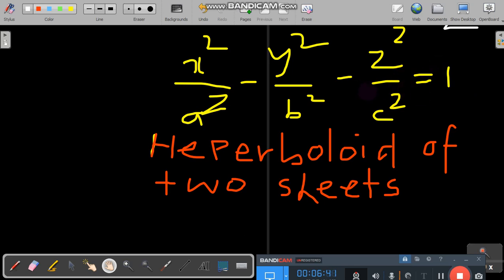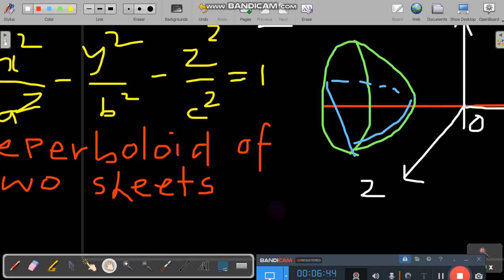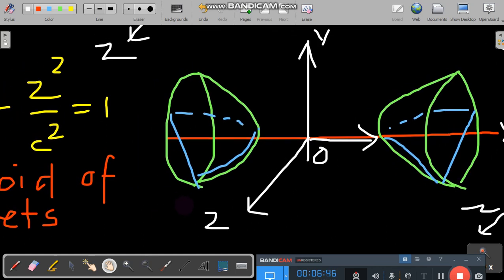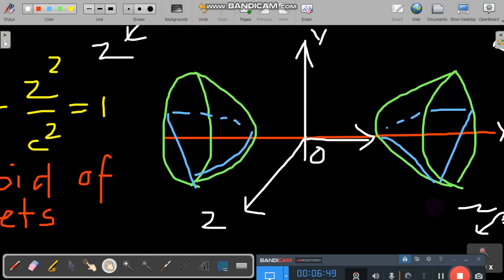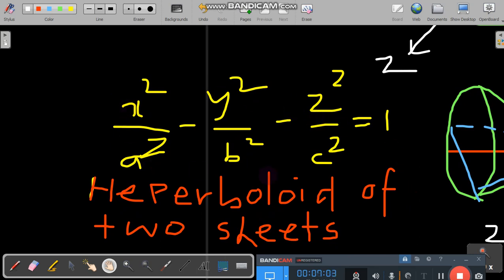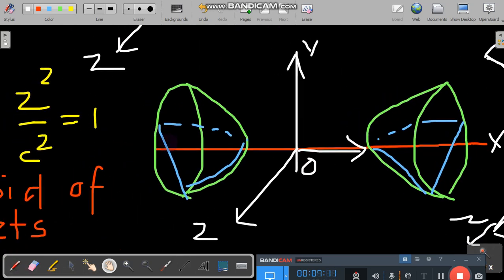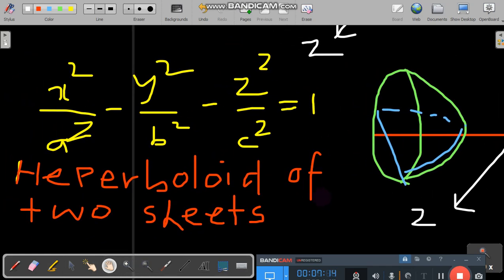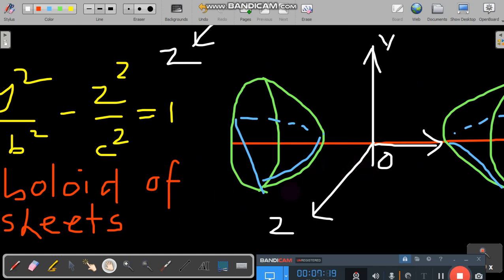If you plot them, you get this picture, like this, with both sides like a parabola. This is the origin, this is one side x, this is x dash. This picture you will get if you plot this set of points x, y, z for the constants a, b, c. This we call a hyperboloid of two sheets. Here also we have the principal axis.